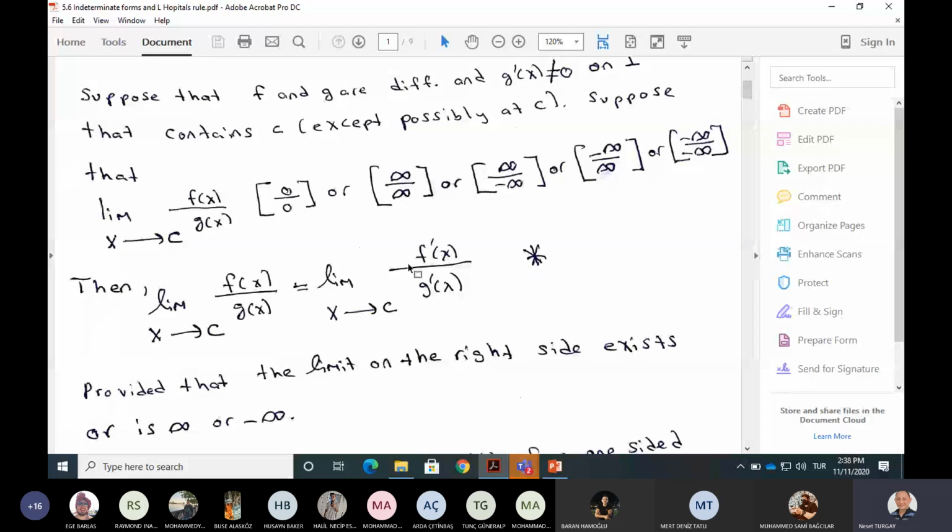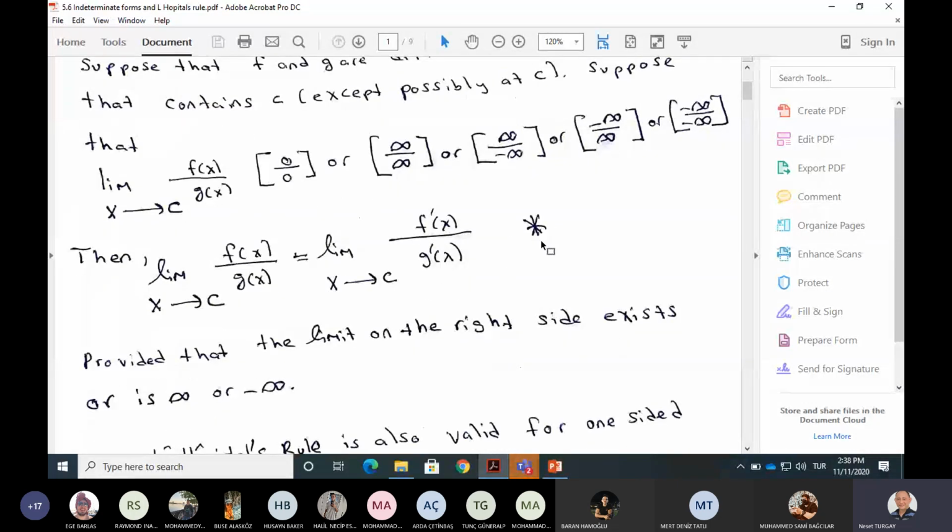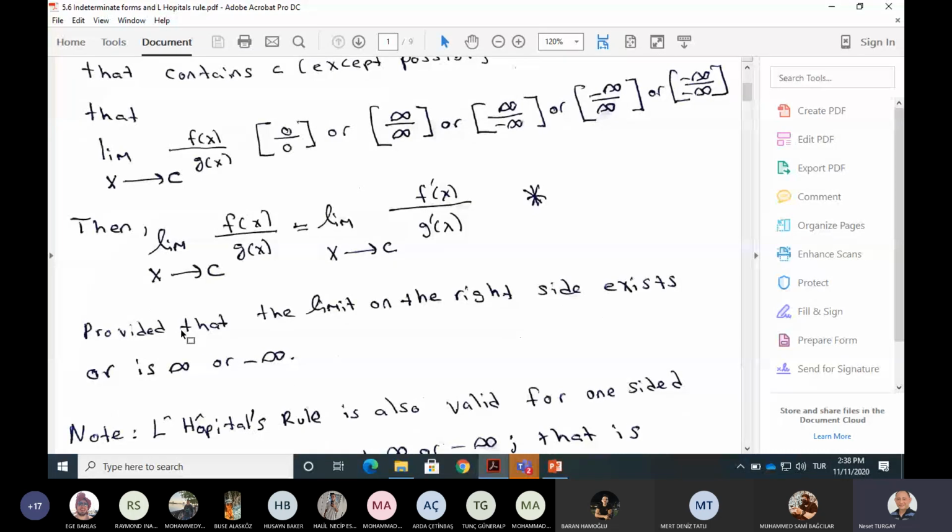That's it: f prime of x is in the numerator, and in the denominator, you write the derivative of g. I write a star here, provided that the limit on the right side exists or is infinity or minus infinity. That means after you use L'Hopital's rule, doing these operations, the limit should give you some number, or it should be infinity or minus infinity.